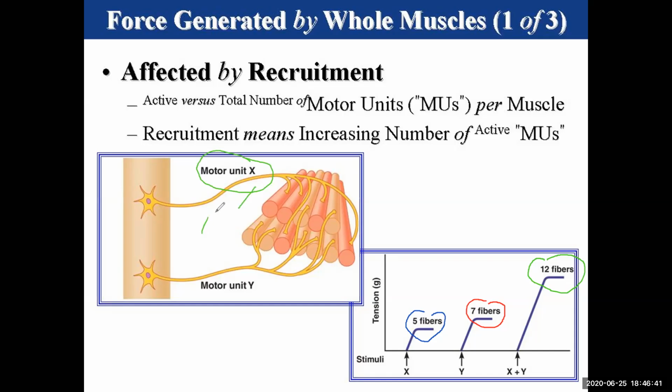This happens first because it's smaller. And then if you need more tension, then you will go on to recruit motor unit Y, the second unit being mobilized.